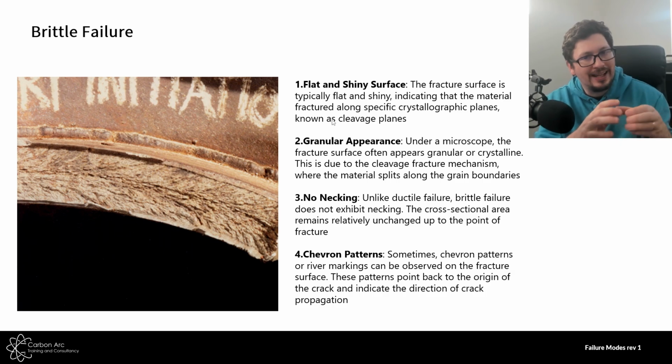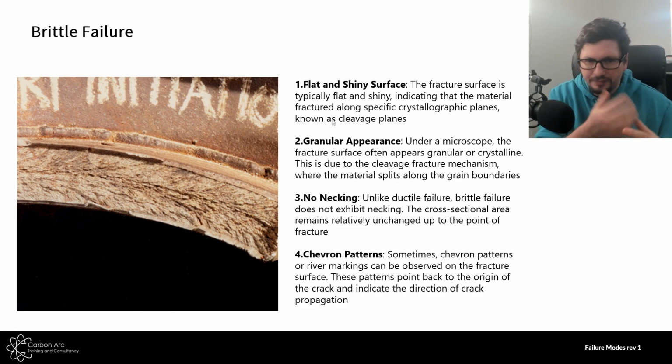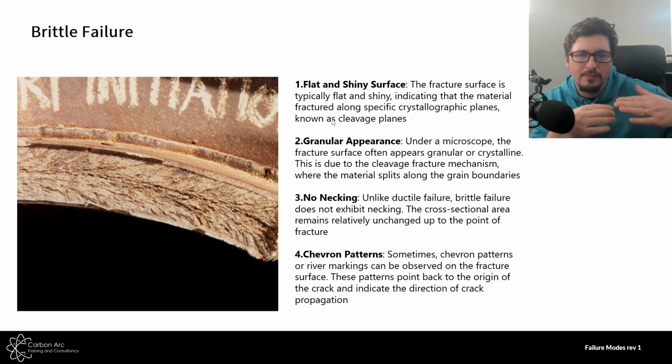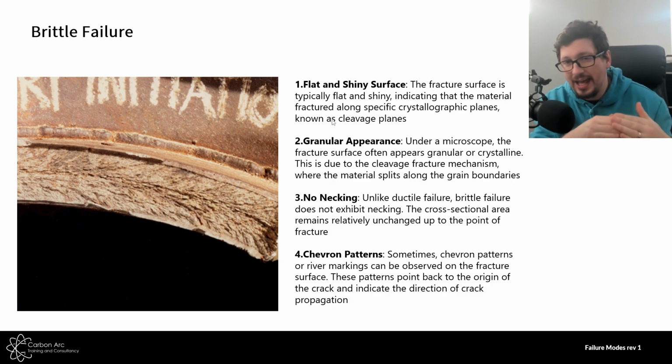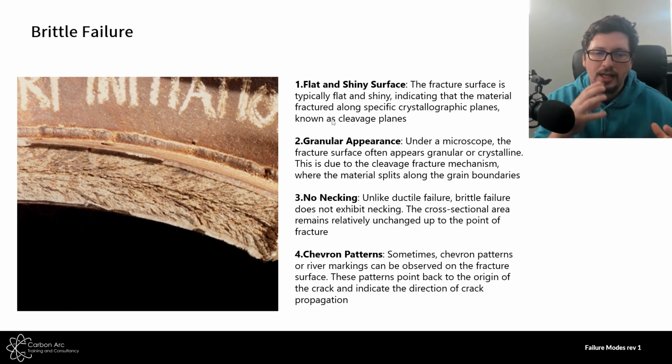When you hold it up in the light and you move it around, it sparkles a bit like crystals. But generally no deformation. It's flat, it has no shear lips, it has no tearing, it's never rough, it's always flat. Keep that in mind.